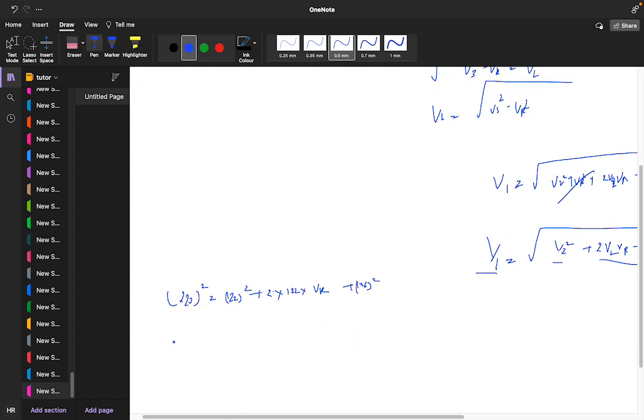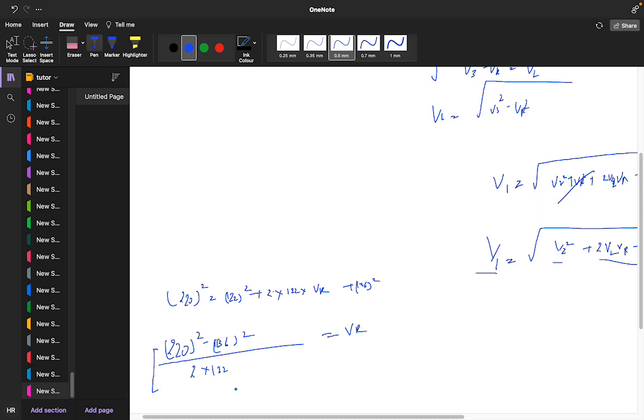Solve this and get the result: 220 square minus 136 square, divided by 2 into 122. You will get the value of VR.